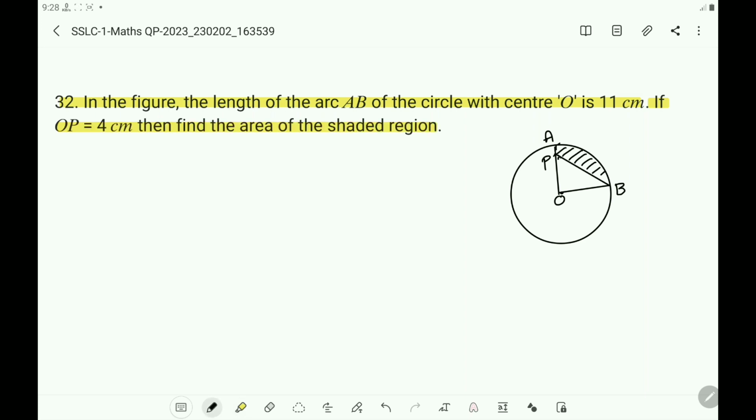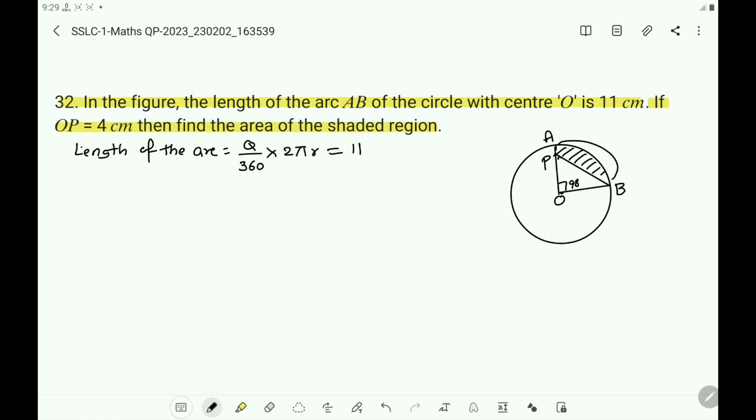Here the length of the arc is given, and you know the formula for the length of the arc. Here you consider theta as 90 degree. Next you write the length of the arc. This formula is theta by 360 into 2 pi r, which equals 11 centimeter.